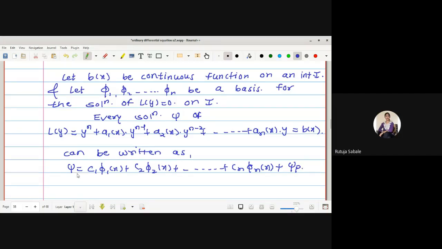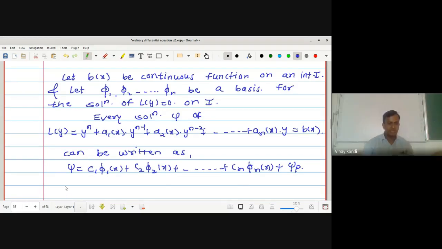So every solution psi can be written in the form of CF plus PI. We have to prove this, where psi p is a particular solution.